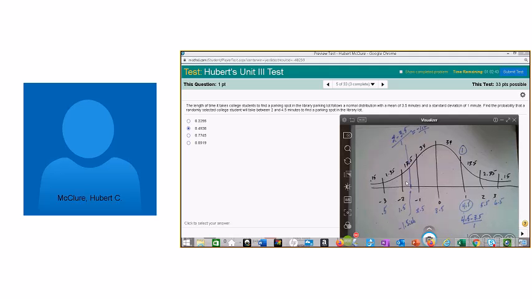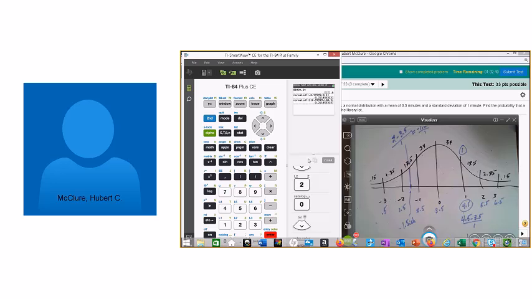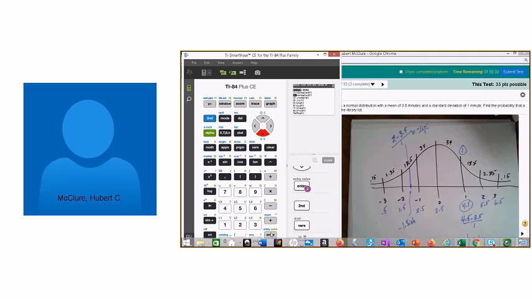So let's pull up our handy-dandy calculator. And let's go ahead and do second vars and normal CDF. Now, since the older calculator is the older calculator, I'm going to go with the older calculator. And if you've got a newer calculator, you go ahead and punch in whatever you need to punch in, and the answer will come out the same. I'm not going to do both because that takes up too much time.